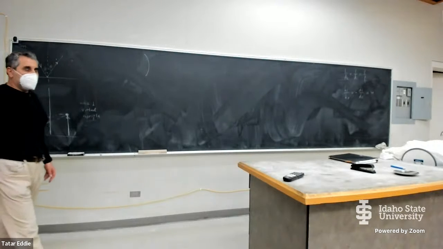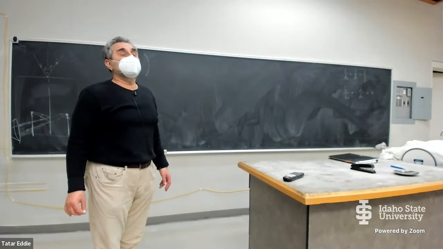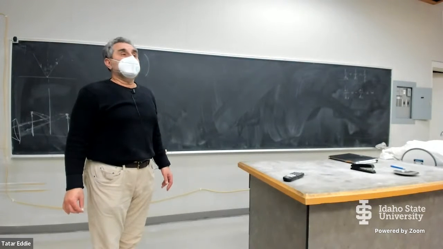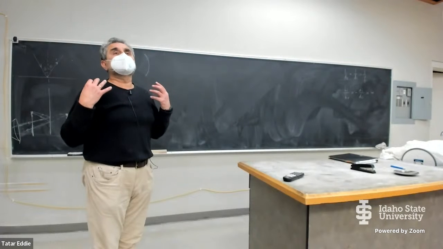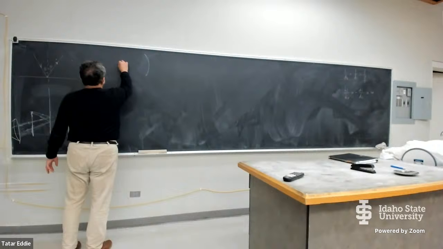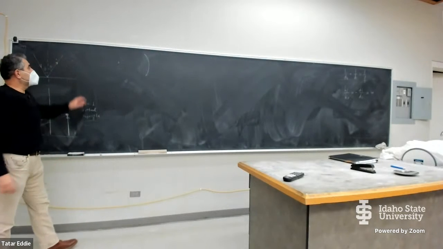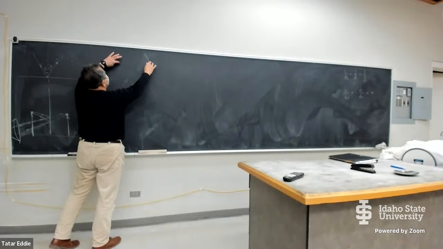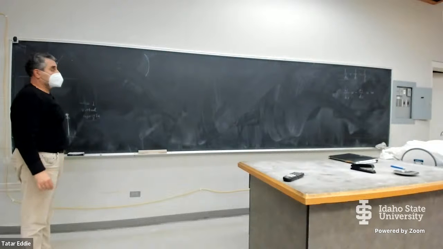And for simplicity, we're going to assume that the shape of the mirror is spherical. It is part of a spherical surface. And let's say that the center of the sphere is located here, which means that the radius of the spherical surface is this length, this distance.